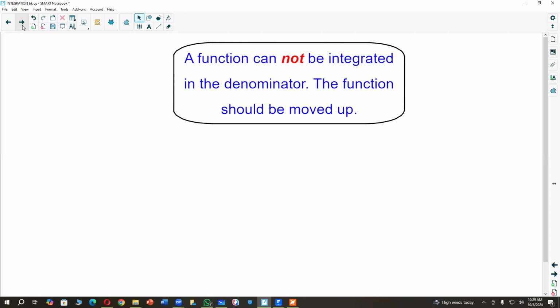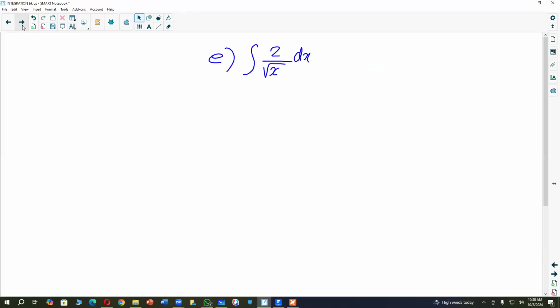So you have to first bring it up. We used to do the same thing for differentiation also. We do not differentiate in denominator. We do not integrate in denominator. So this rule means that if you get something in denominator, you will first bring it up. For example, 2 upon under root x. Copy this question.